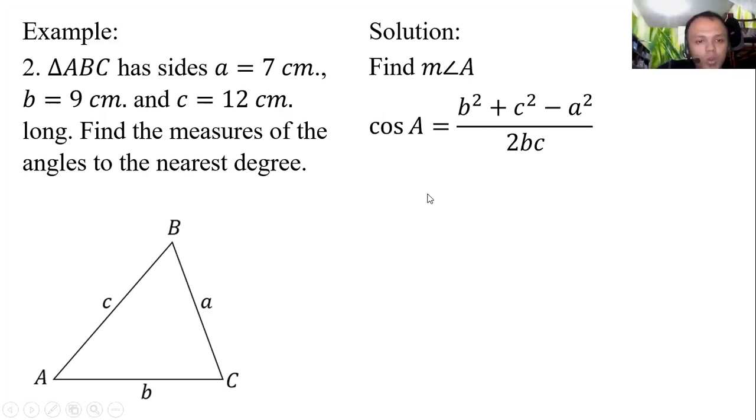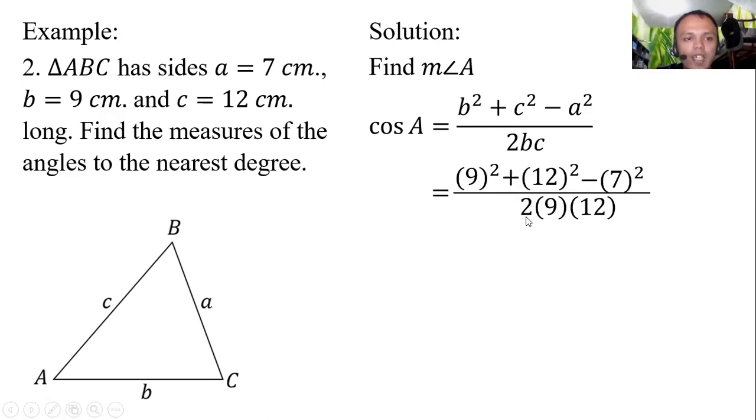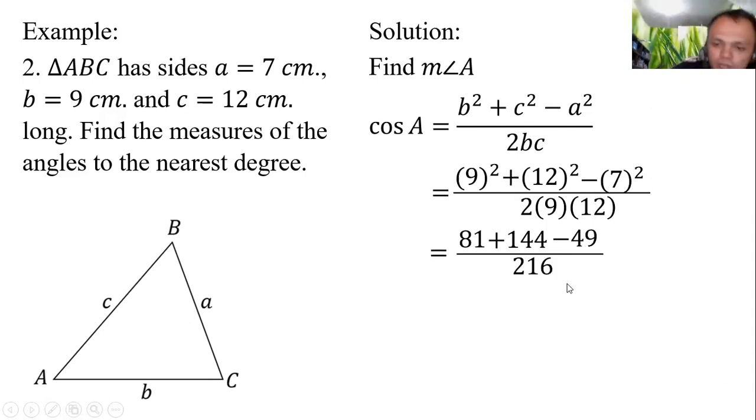Now, substitute your B to 9, your C to 12, and your A to 7, over 2 times your B, which is 9, and your C is 12. 9 squared is 81, 12 squared is 144, 7 squared is 49, over 2 times 9 times 12 is 216. 81 plus 144 minus 49 is equal to 176 divided by 216.